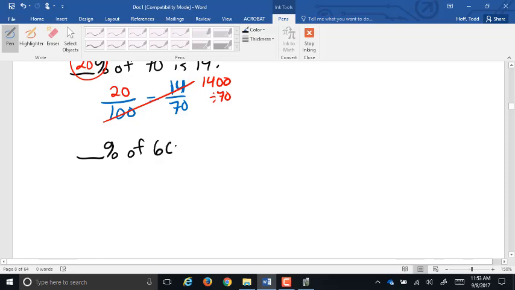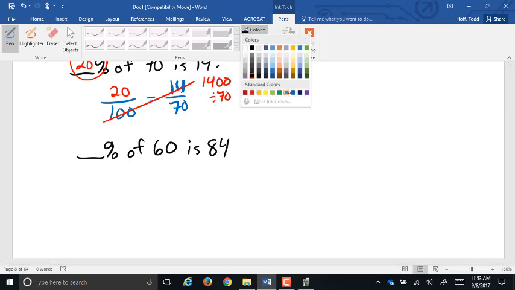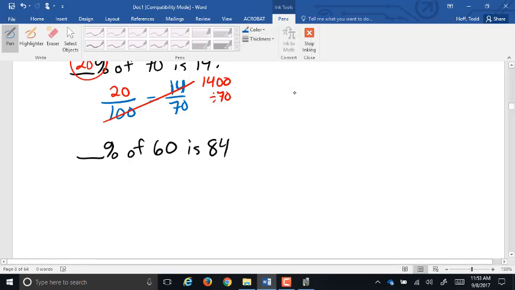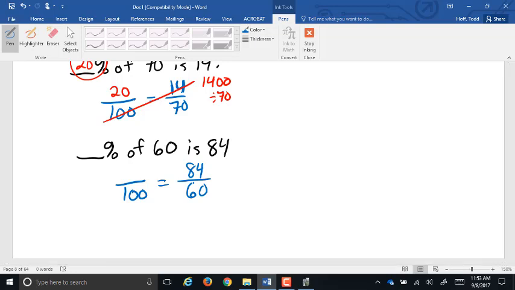What if I tell you that blank percent of 60 is 84? Blank over 100, and 84 over 60. It's confusing because you're used to the small number going on top over the big number, but think of 60 as being out of 60, which implies the 60 has to go on bottom.